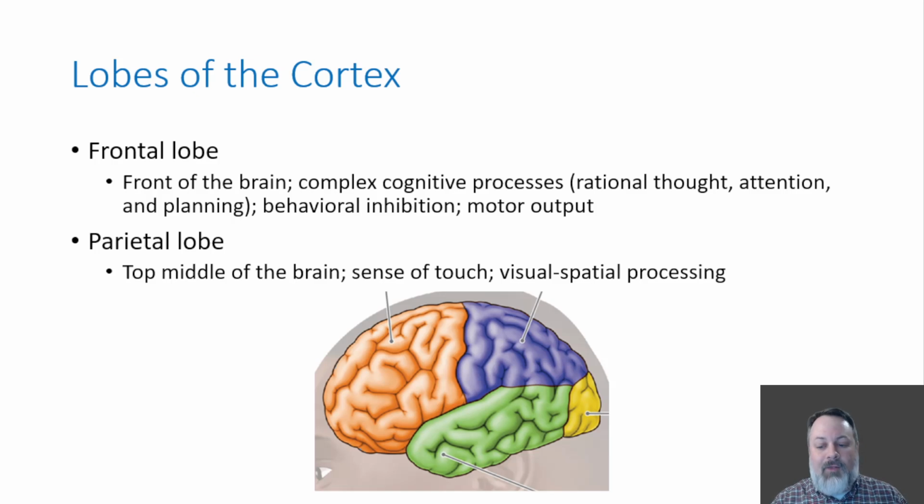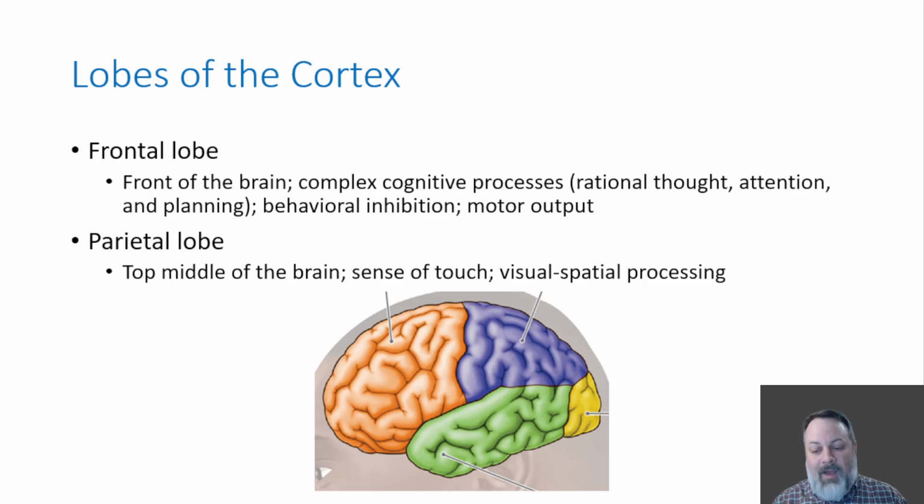As we move back on the brain, we have that parietal lobe. And so this is kind of the top middle of the brain. And just like we have a way to have motor output, we also have a map of our body that responds to touch. And this is in the parietal lobe, the areas that border there with the frontal lobe.